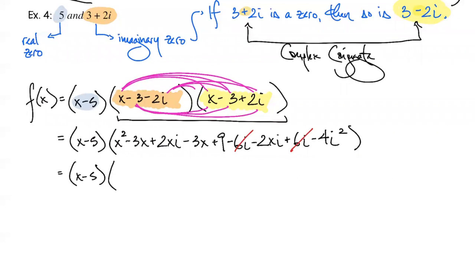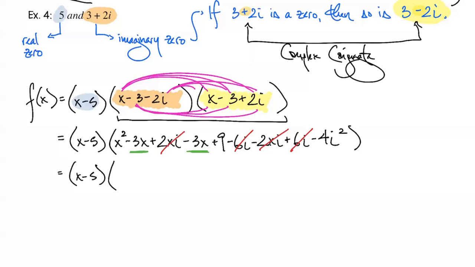Those are going to go to 0. Good. I see someone else has said that the negative 3x and a negative 3x, those are going to combine to make a negative 6x. That's good. Anything else go away or combine? 2xi, negative 2xi. That's good. A lot of stuff is going away.